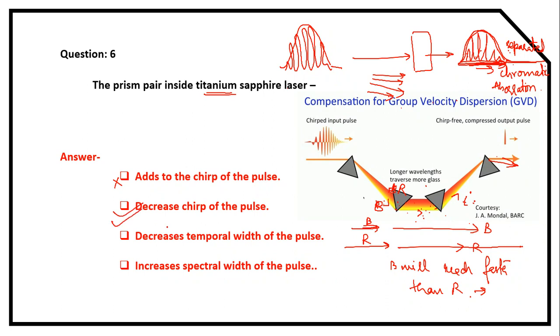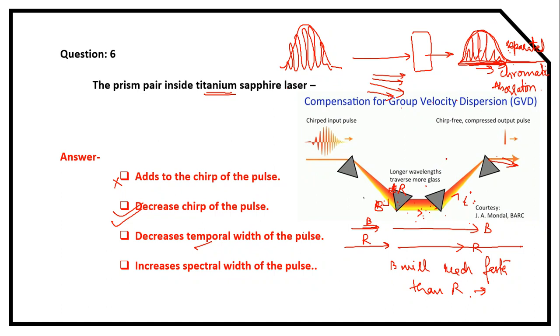The third option, now we have to consider the other options as well: decreases the temporal width of the pulse, and increases the spectral width of the pulse. First, what is the temporal width? The temporal width is related to the lifetime, or the time period for which the pulse exists. If something is not clear, look at the diagram.